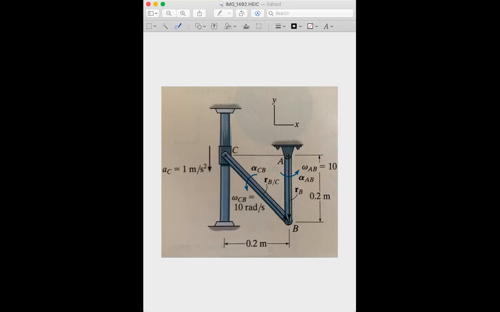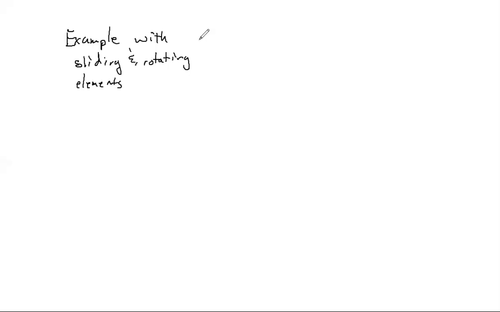Okay, going back to the problem then. I think the problem originally didn't give you omega CB. We need to find it. So we have the following kind of situation.